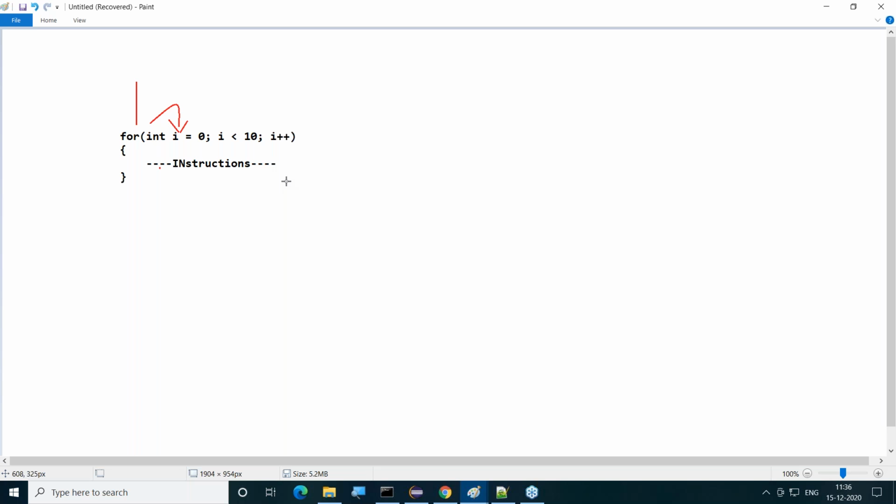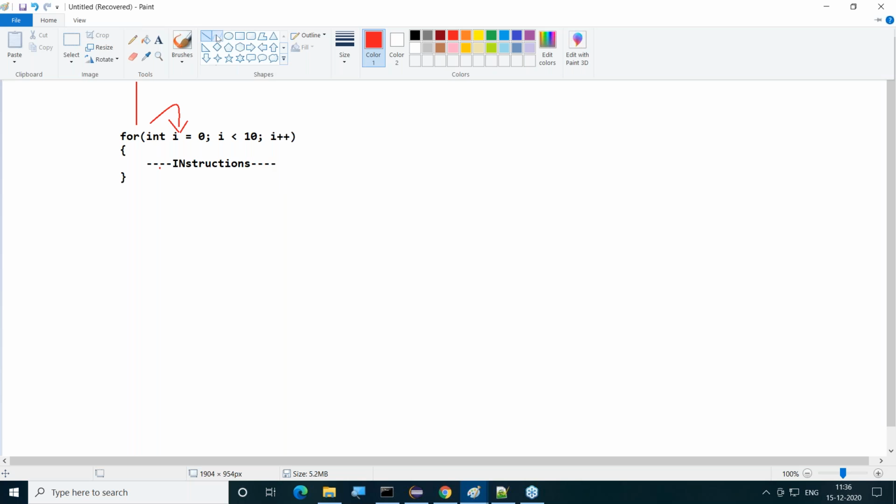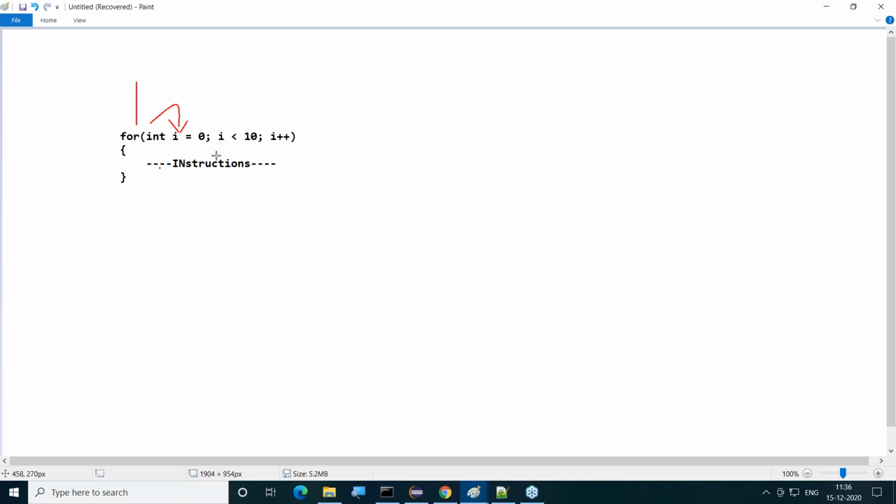After completion of expression 1, the flow of execution comes to expression 2. This is the conditional expression.